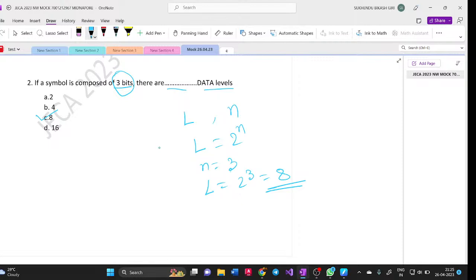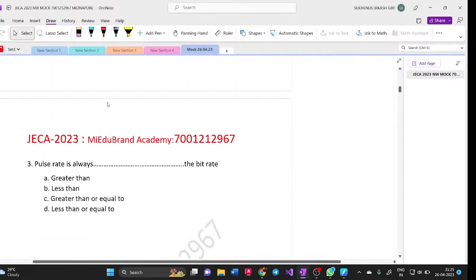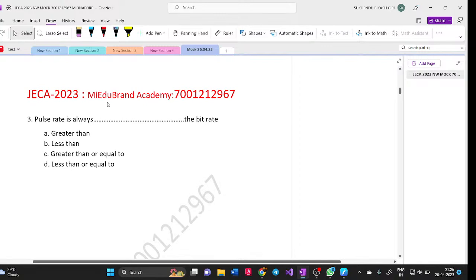So we moved into the next question. Question 3. Answer this question. Pulse rate is always dash the bit rate.